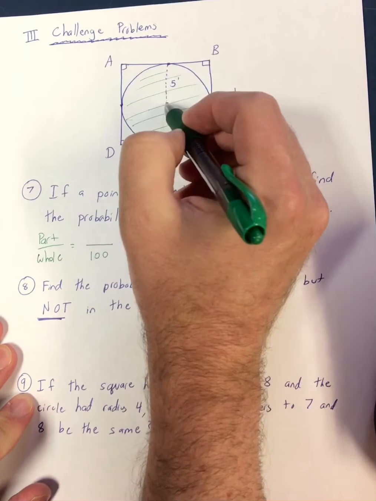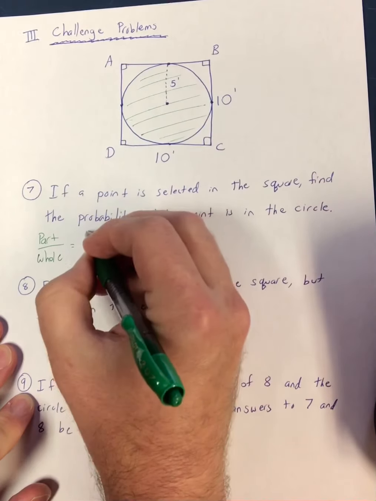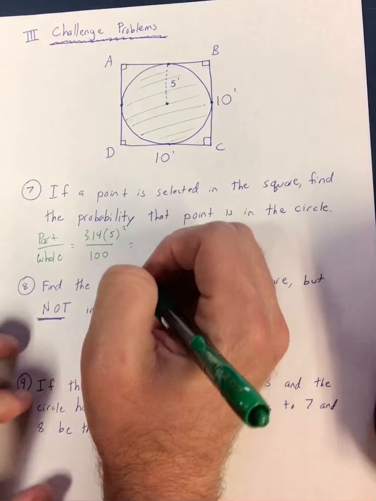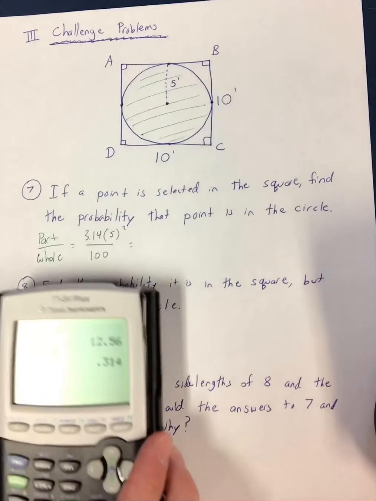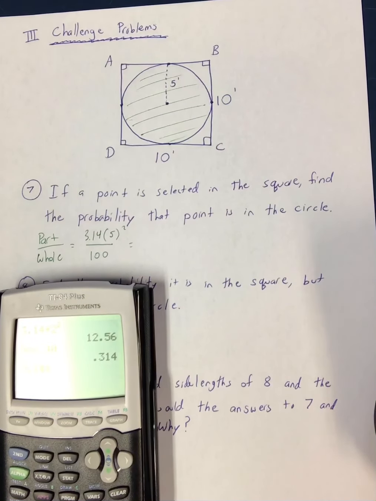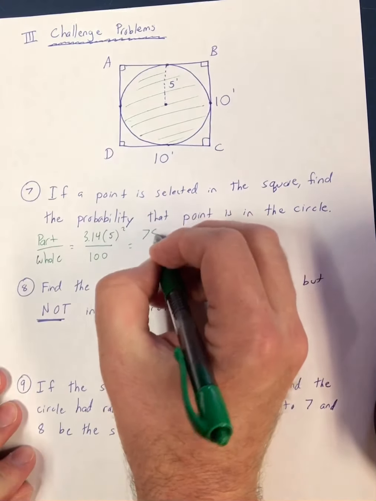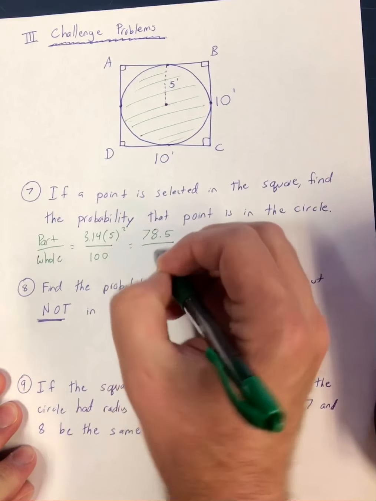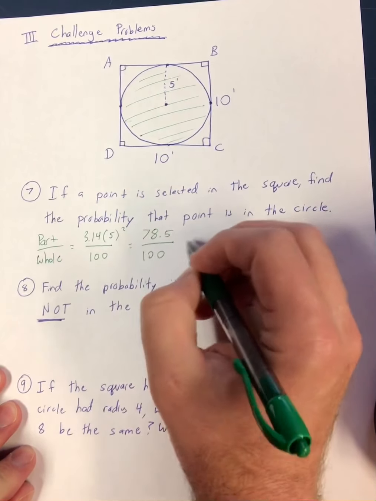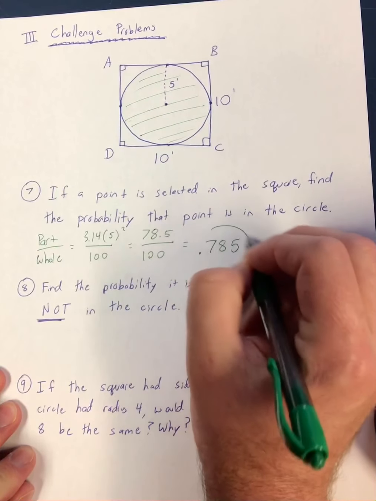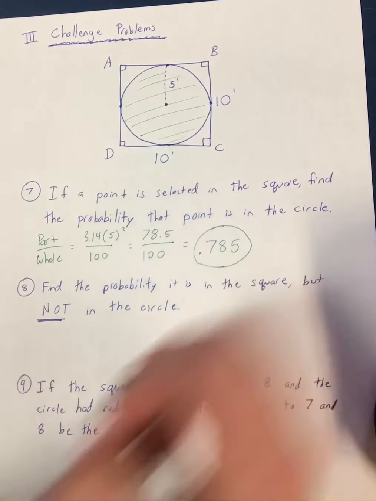The part is the pi r squared, so 3.14 times 5 squared. Let's find out what that is. 78.5. Which becomes 0.785 as a final decimal answer.